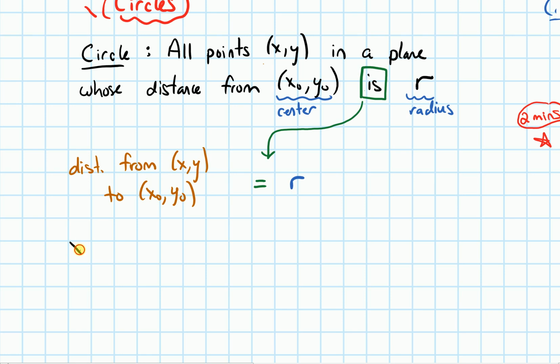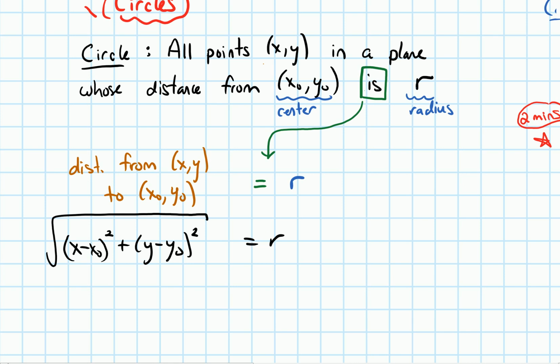So it's going to be the square root of x minus x naught squared plus y minus y naught squared. So that's the distance. And that equals r. And if we square both sides, we can get rid of that square root. And that gives us x minus x naught squared plus y minus y naught squared equals r squared.